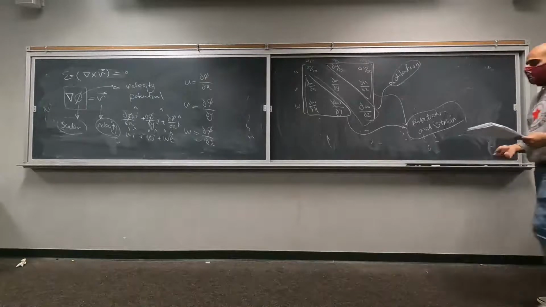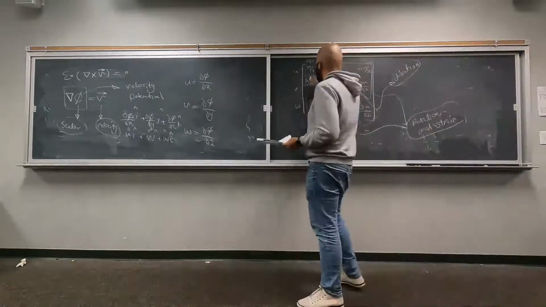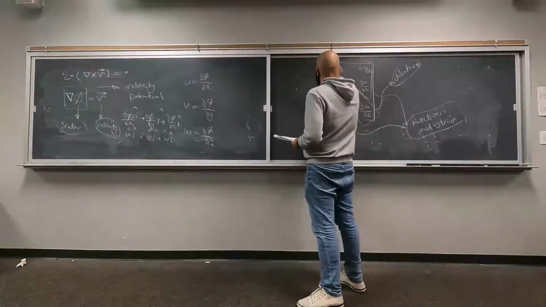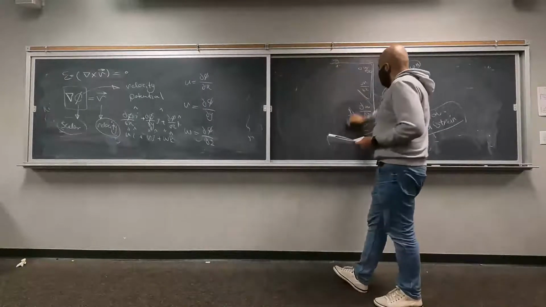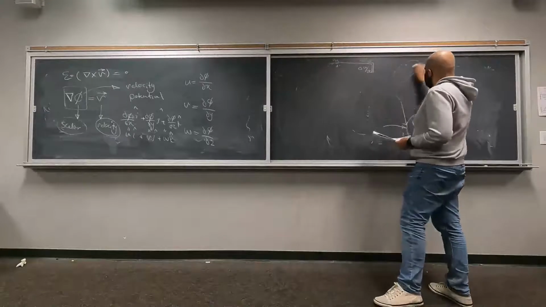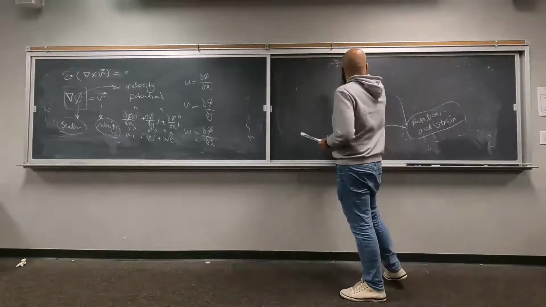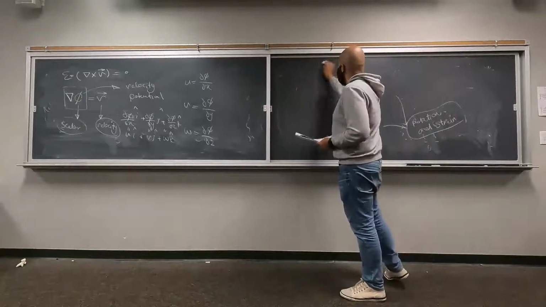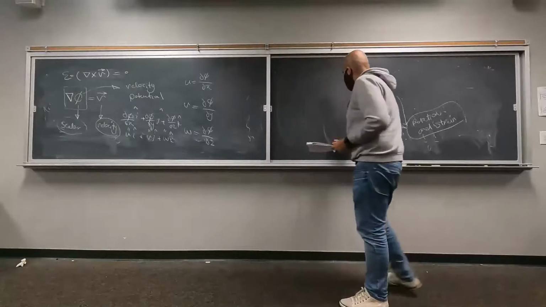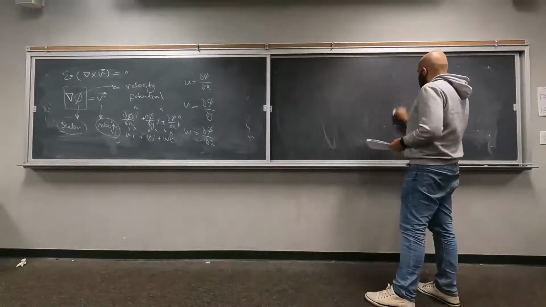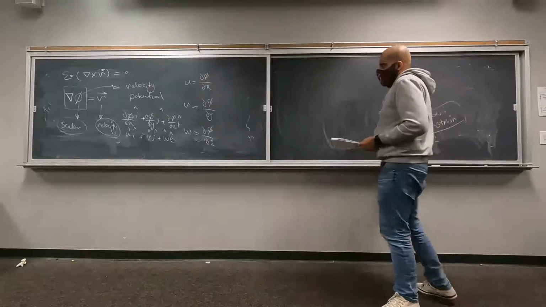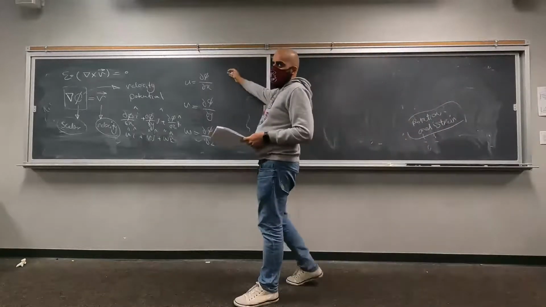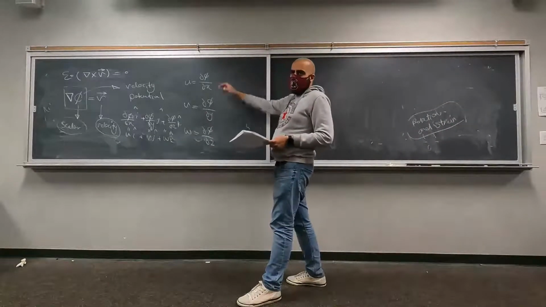I'm just going to give you the formula for velocity potential in other coordinate systems. Then we'll try to compare this velocity potential and the stream function. If you are dealing with Cartesian coordinate system, you just have to take the derivative with respect to x, y, and z.